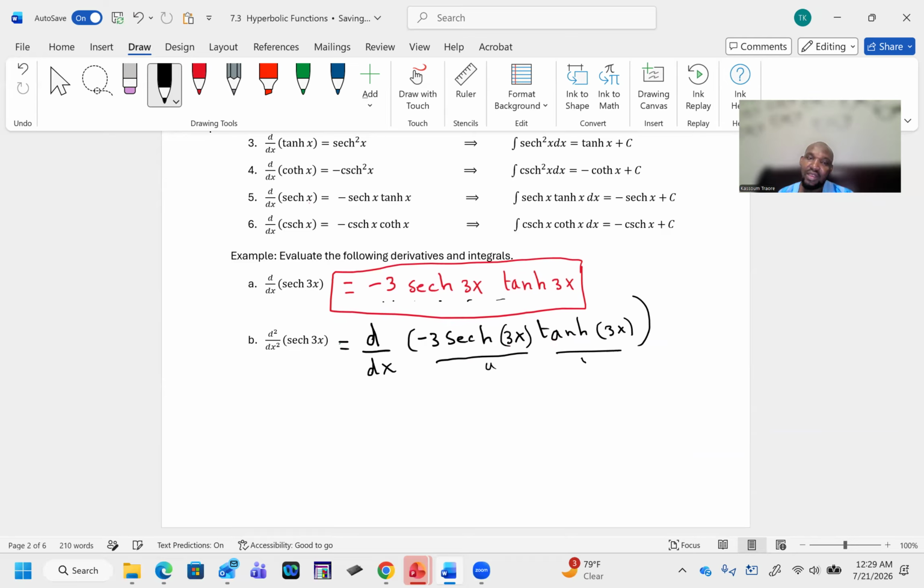U and V. So which will be the derivative of U prime.